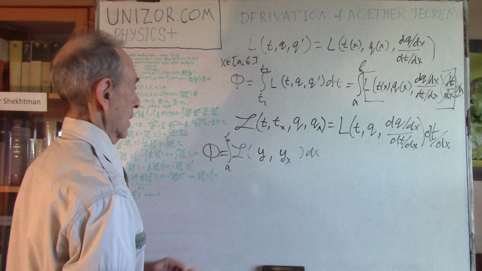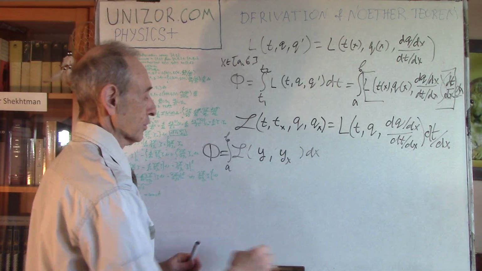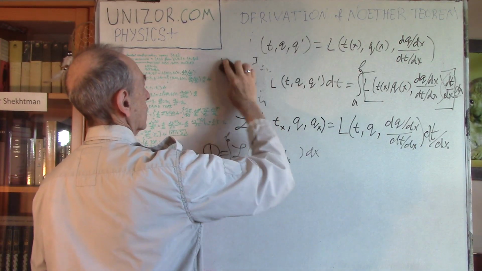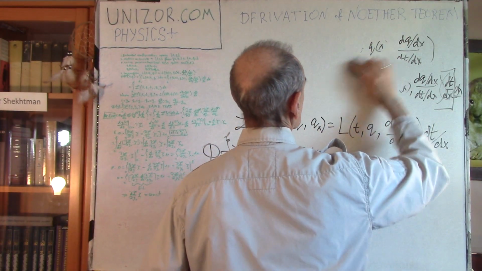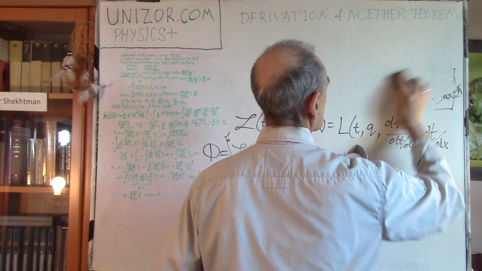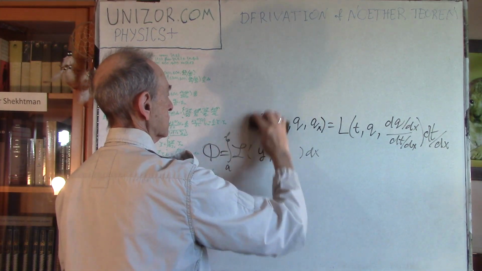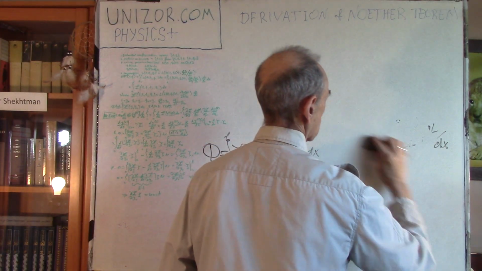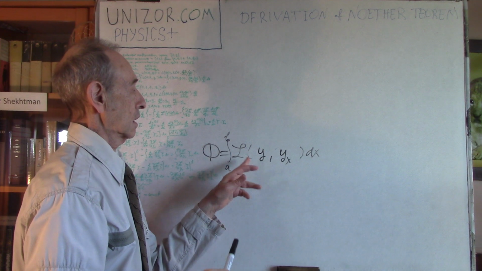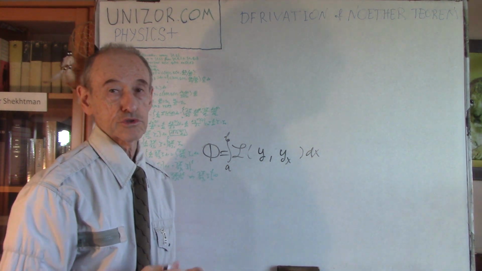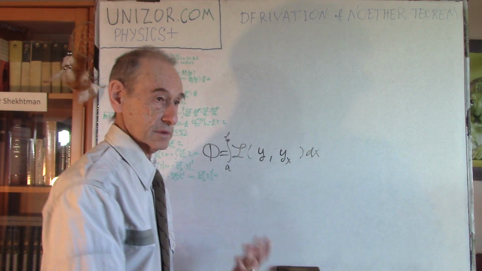Now, let's apply the epsilon transformation. This is the most important assumption, which Emmy Noether introduced, suggested, that if we assume that the action functional is invariant relative to the epsilon transformation, that's an assumption, this is given.